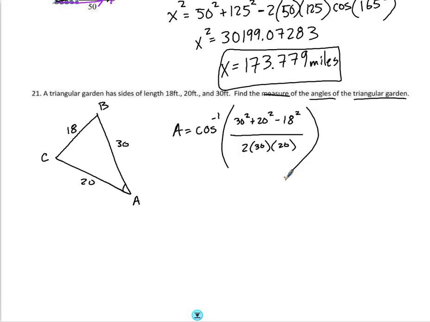First angle, 35.577 degrees. So most likely when you measure it out with your protractor in your garden there, 35.5 degrees, roughly around there, that'll work. Protractor, right?